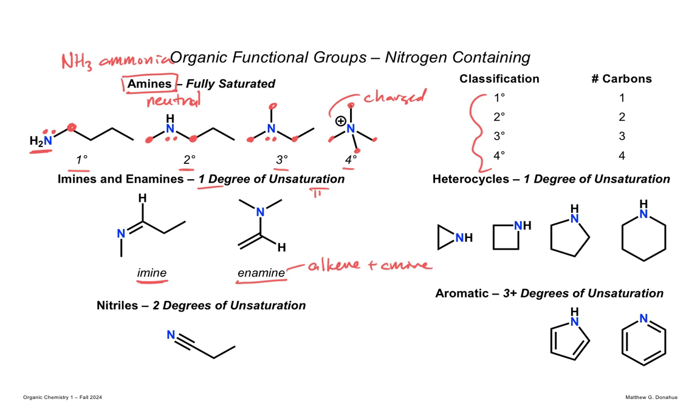You have to have that structural information. 2 degrees of unsaturation is called a nitrile. So you have the sigma plus pi plus pi. So a carbon-carbon triple bond is called an alkyne. A carbon-nitrogen triple bond is called a nitrile.